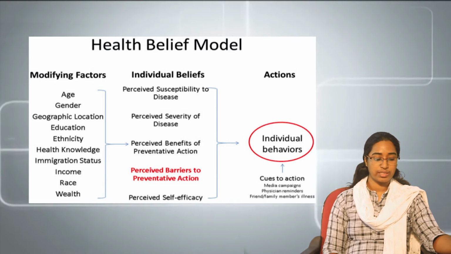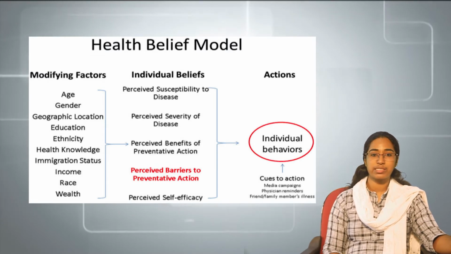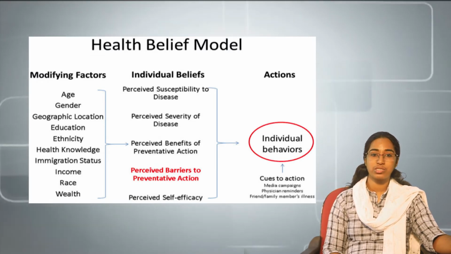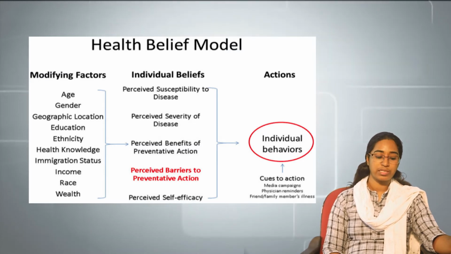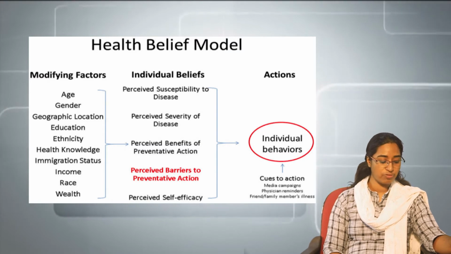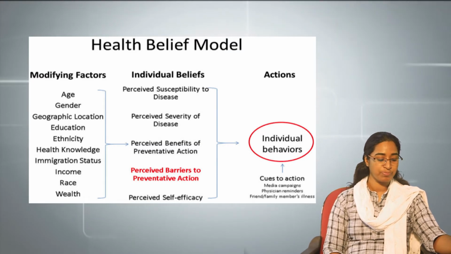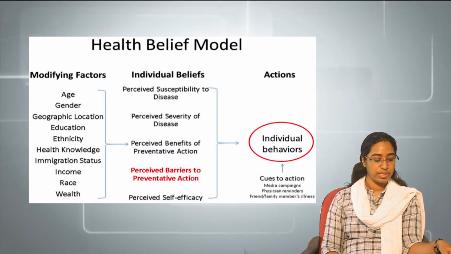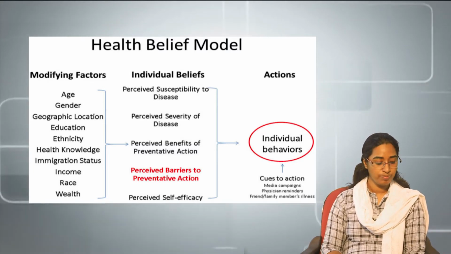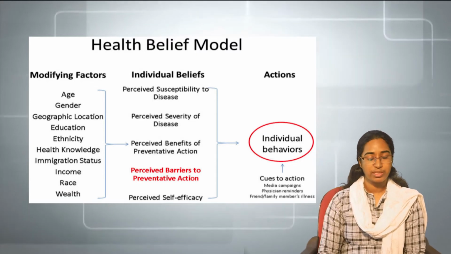The cues to action are the action an individual takes, or the decision made by an individual, whereas self-efficacy refers to the transformation of efficiency of the individual. An individual with perceived susceptibility may deny that they are at risk of contracting a particular disease.